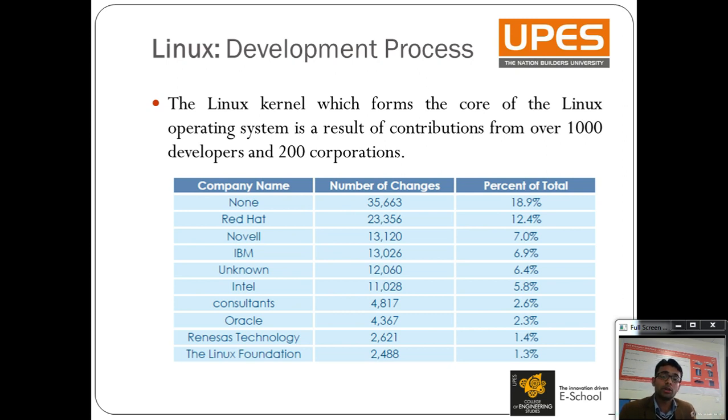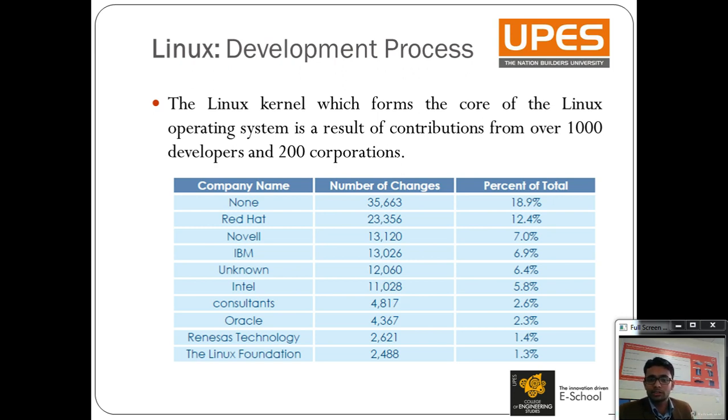Over 8,000 people have contributed to the core Linux code, creating over 1 million lines of code. And so many people have come together to create such a powerful piece of software even without receiving any financial compensation. That's the beauty of the overall Linux development process.